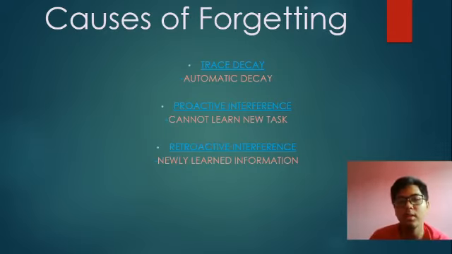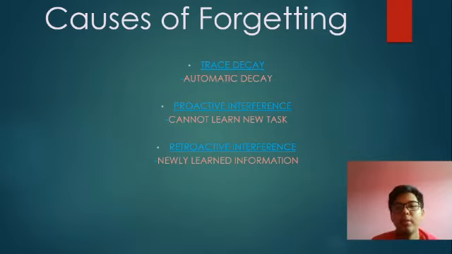Okay, we move on to the next subtopic, causes of forgetting. We have causes of forgetting: trace decay, automatic decay, proactive interference, and retroactive interference. For trace decay, theorists state that any memory will eventually fade away as time passes by.